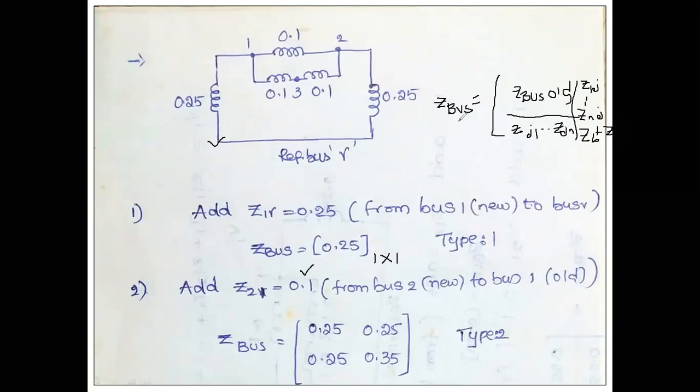So here Z bus old is given by 0.25. Now Z12 is also equal to, all the values are same. Now here ZB is 0.25 plus 0.1. Please do remember that this is very important.